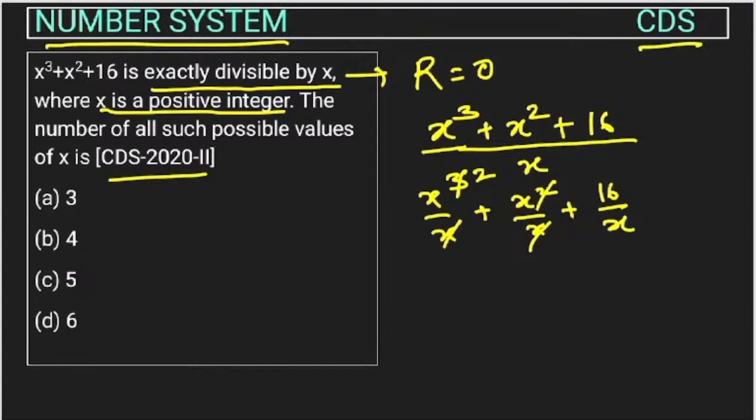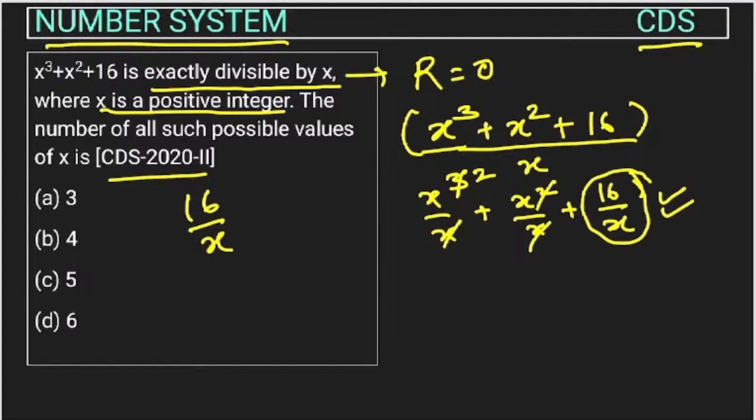The initial two terms are completely divisible by x. Now the remaining term is this. If this is also divisible by x, then the whole equation will be divisible by x. So 16 must be divisible by x.